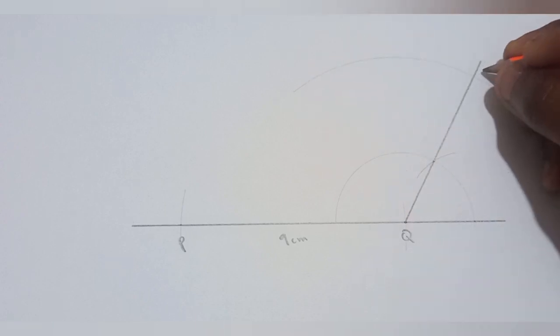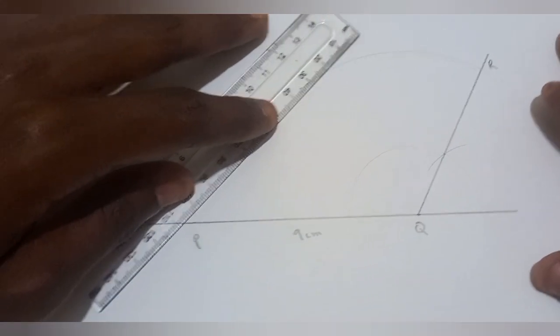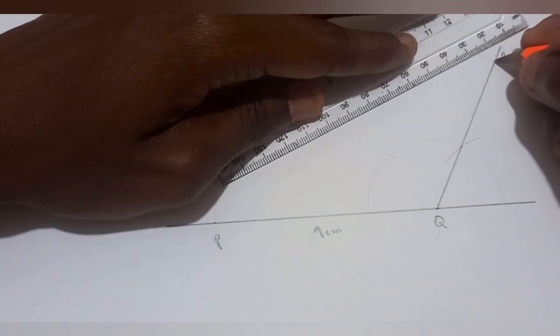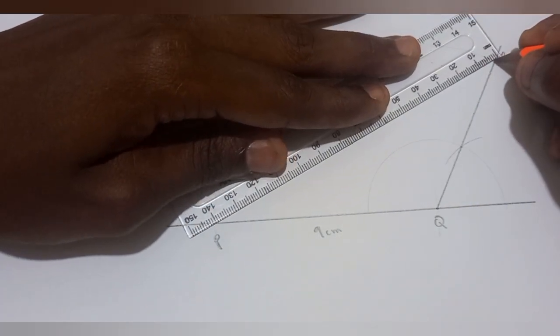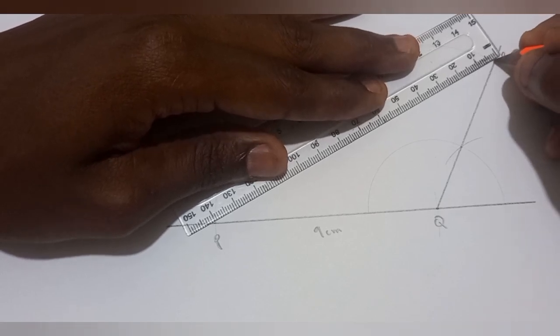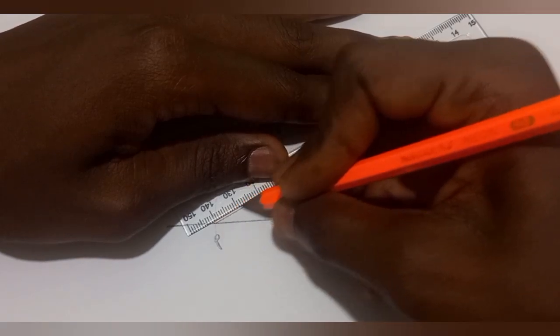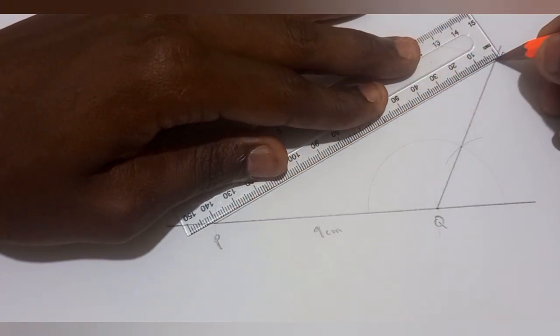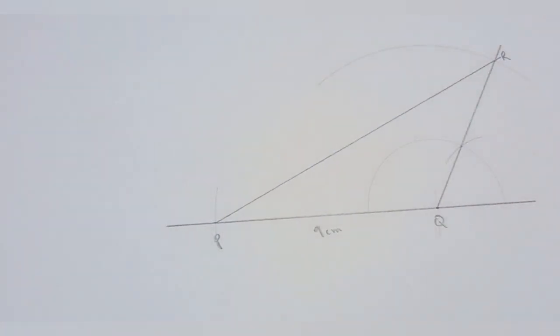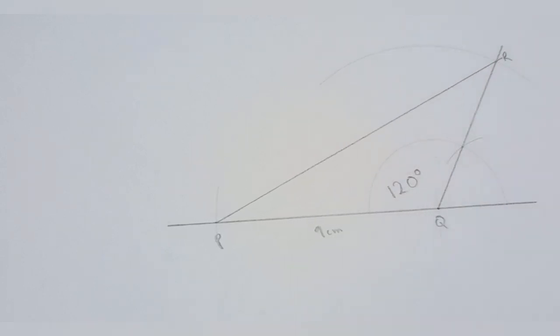So because there are no other parameters given, we just join Q to the P. We just join the R to the P. Not forgetting to write the angle here.